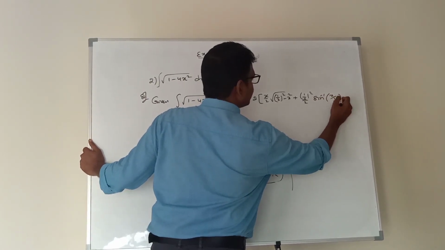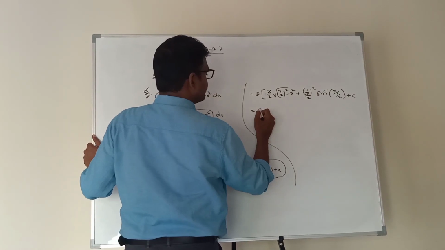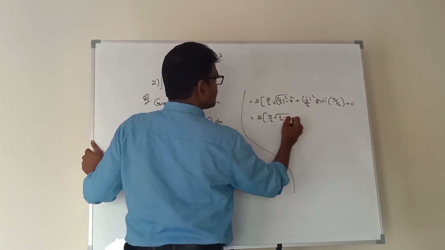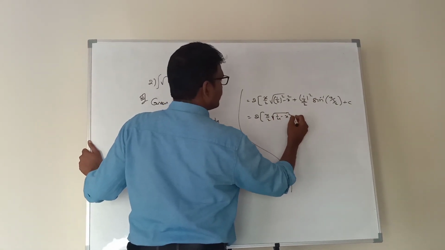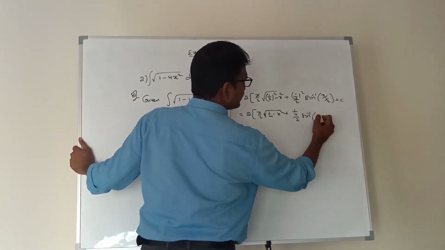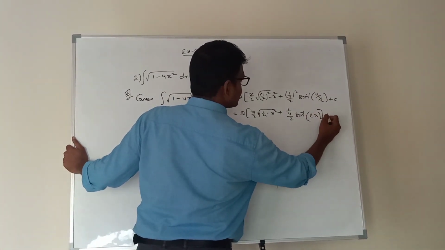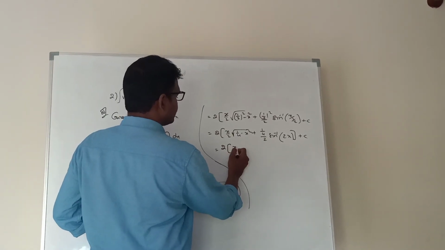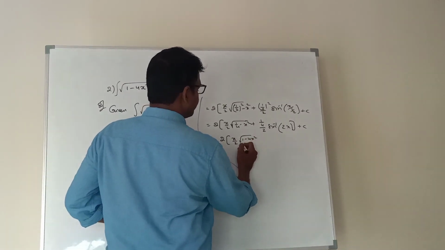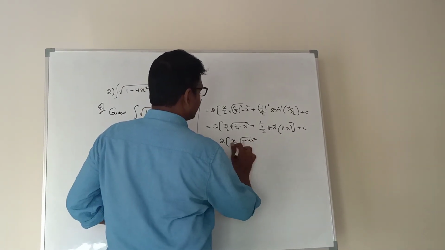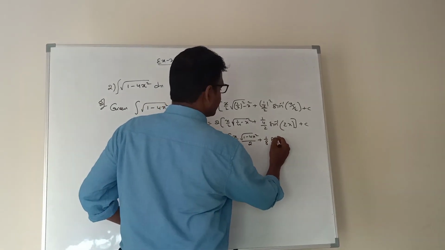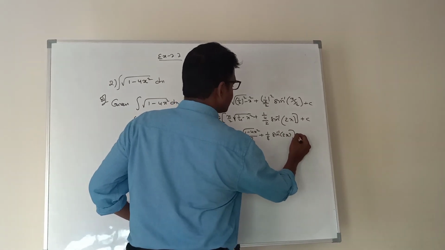A value is 1 by 2, plus c. 2 into x by 2 into root of 1 by 4 minus x square plus 1 by 4 by 2 into sine inverse of x by 1 by 2, which means 2x. Plus x by 2 into root of 1 minus 4x square by root 4, root 4 means 2, plus 1 by 8 into sine inverse of 2x plus c.